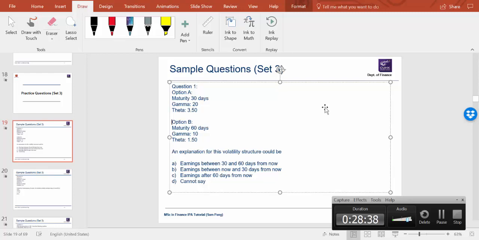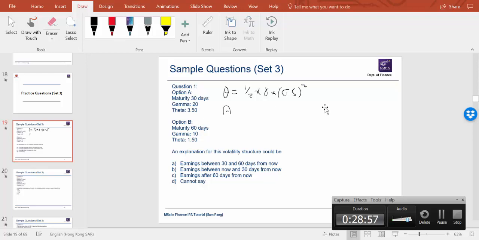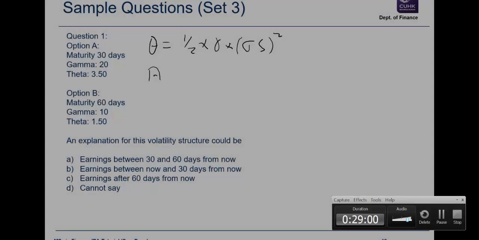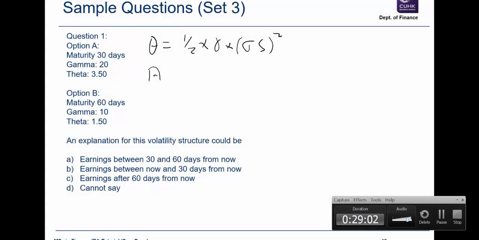What you can do is look at option A and say that theta is equal to a half times gamma times (sigma S) all squared. So for option A, that means 3.5 is equal to a half times 20 times sigma S squared.